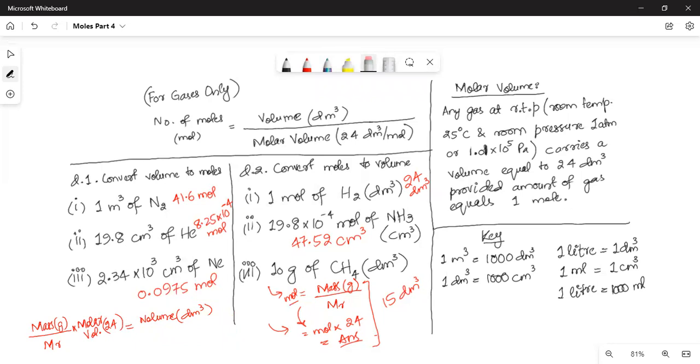There you go. So I can use two formulas to create one. So put your value of mass, that is 10, divided by 16, multiplied by 24, you get your answer. And the answer would come out to be 15.